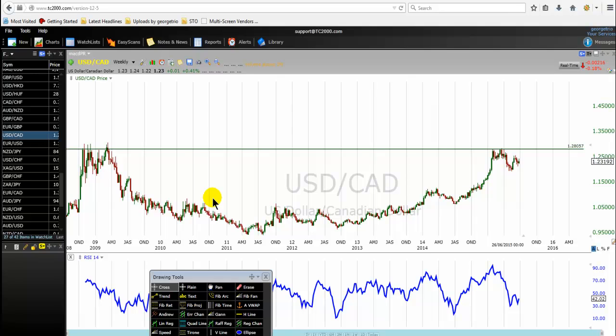Okay, so you understand? Suppose we see a double bottom for the dollar yen. So the hedge fund would like to buy. Great. But we don't want to trade the dollar yen. You want to trade the USDCAD, the US dollar, Canadian dollar. So if you see that the dollar yen gives a bullish signal and you want to trade the USDCAD, you want to look for a sell signal.